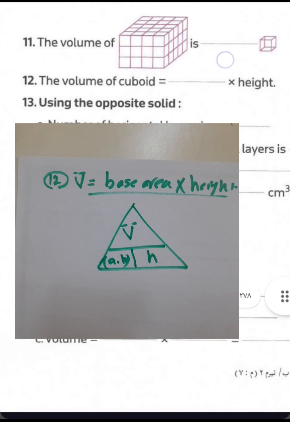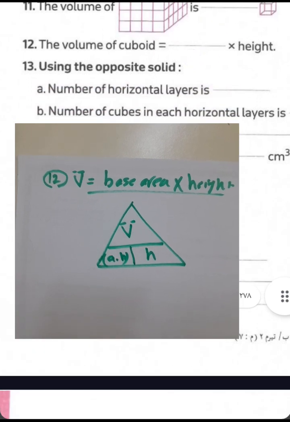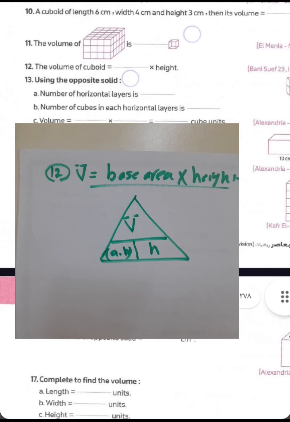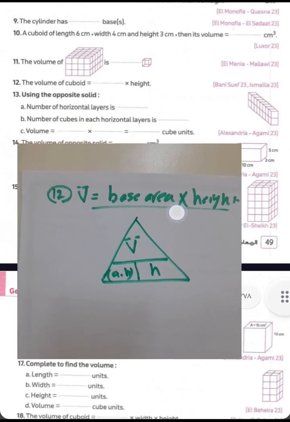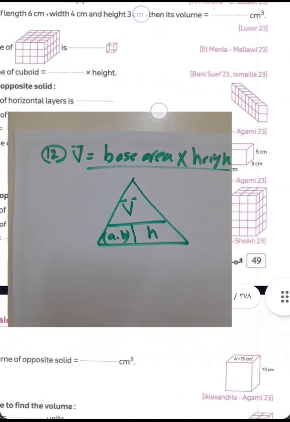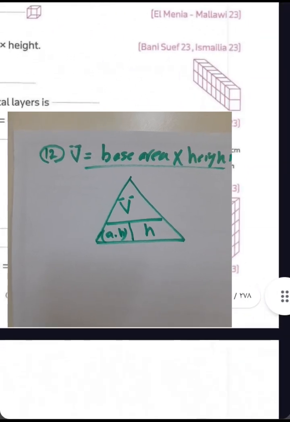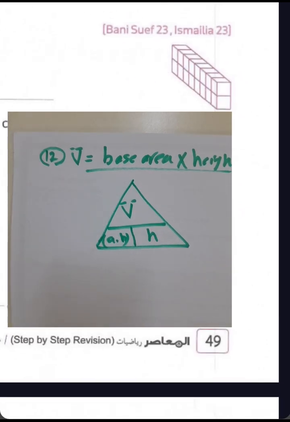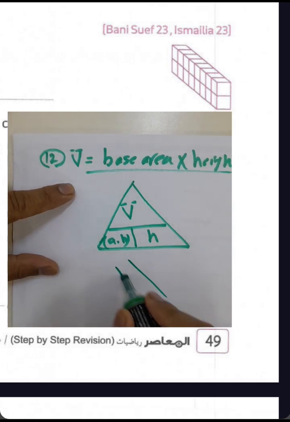Question 13. Using the opposite solid, find letter A, number of horizontal layers, and number of cubes. We can write here number of horizontal layers. How many horizontal layers here? We have 2 horizontal layers, 1 and 2.